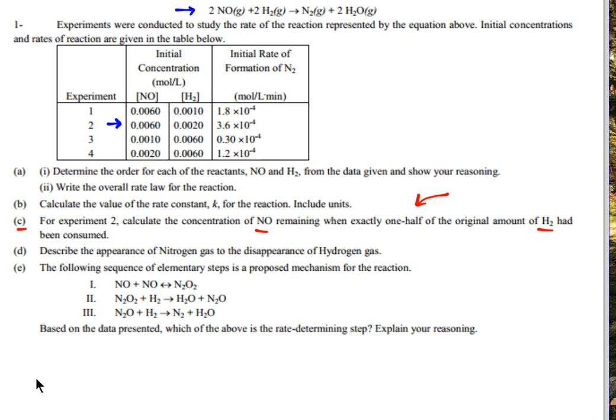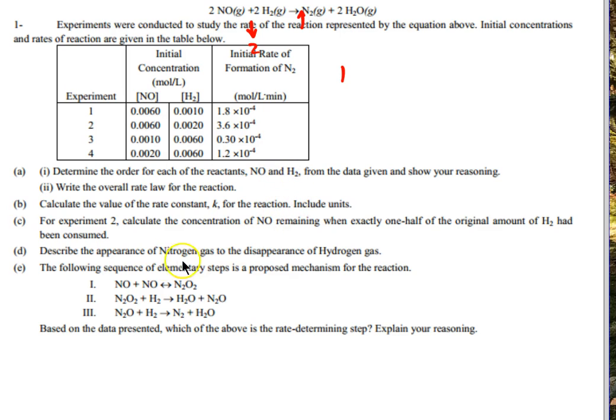All right. Describe the appearance of nitrogen gas to the disappearance of hydrogen gas. This one should be a nice softball here. So we already talked about it yesterday, but we'll do it again. Nitrogen appears with a 1, correct? Hydrogen disappears with a 2.